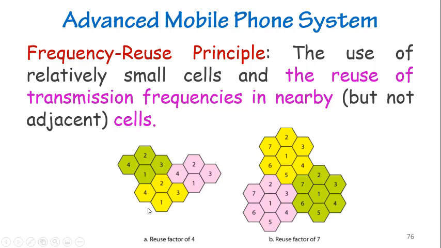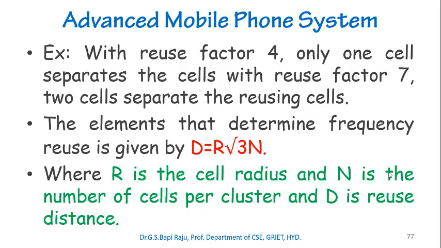When the reuse factor is 4, you get one cell gap in between the same frequency users. In case of reuse factor 7, you get two cells of difference between the same frequency users. Actually, there is a principle given by D = R√(3N). Based on that, they can find out the reuse factor.